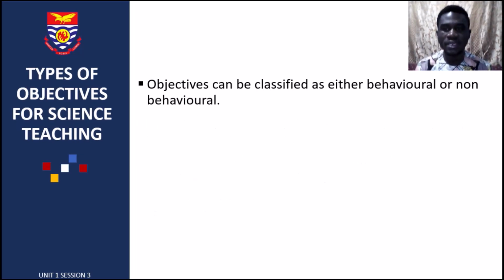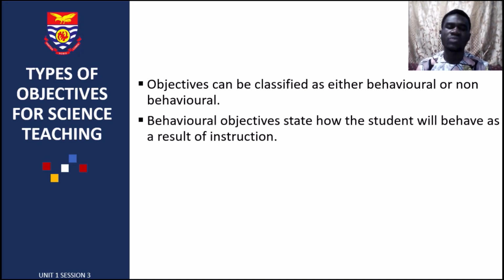Now, again, objectives can also be classified as either behavioral objectives or non-behavioral objectives. And when we talk about behavioral objectives, this type of objective states how the student will behave as a result of instruction. In other words, the kind of observable changes that we must see in the behavior of the learner after going through a set of instructions.